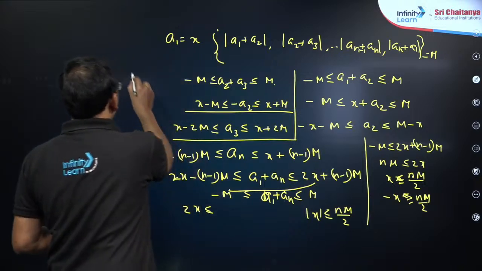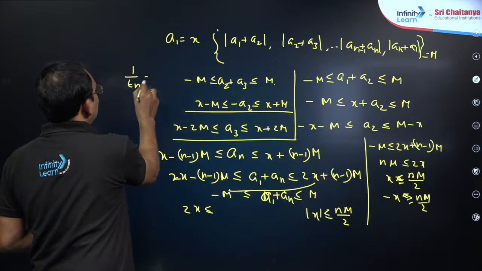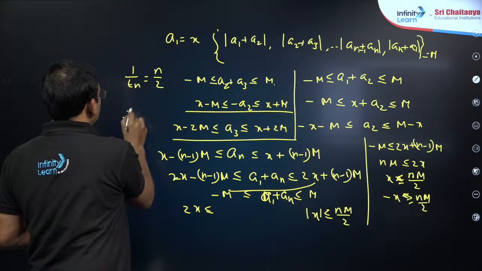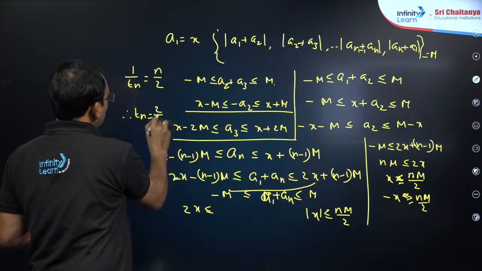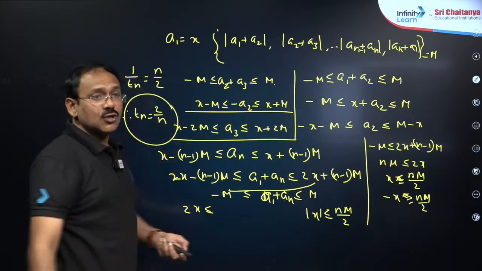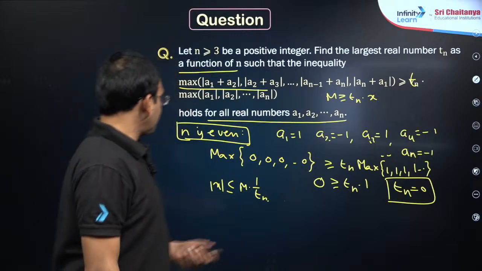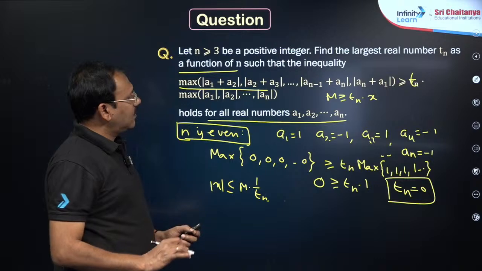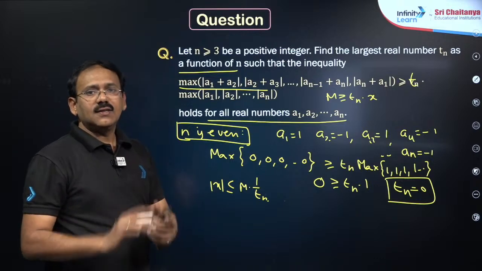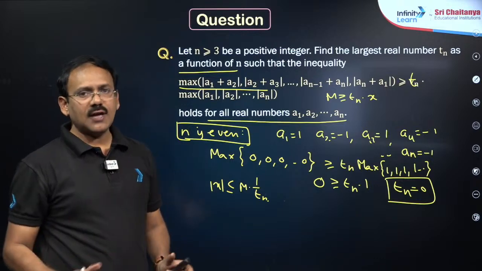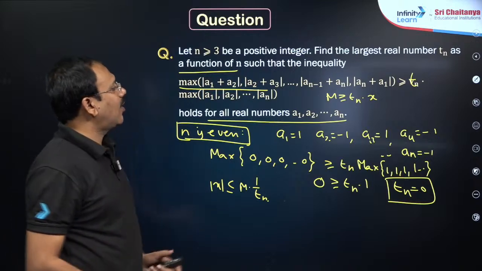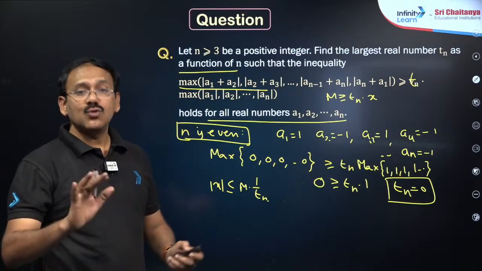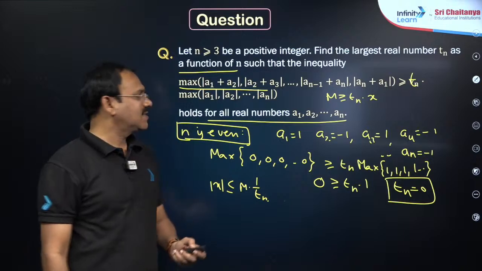So 1 by Tn will act as n by 2. Therefore, Tn will be 2 by n, my dear friends. So the conclusion is this inequality holds when if n is even, Tn value is 0, absolutely. If n is odd, Tn value is going to be 2 by n, right, dear students?